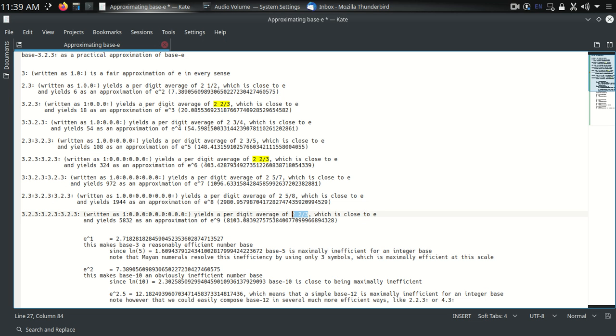So 2.666666, etc., right? When e is 2.7, whatever. You can see from that that's why we're not converging on e. We're converging on 2 2/3 actually.